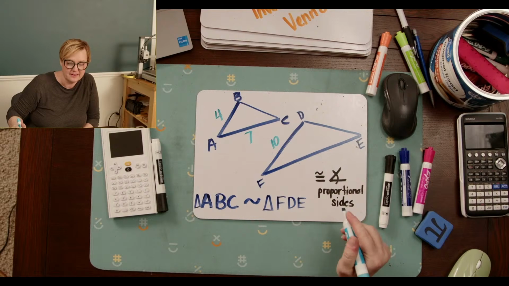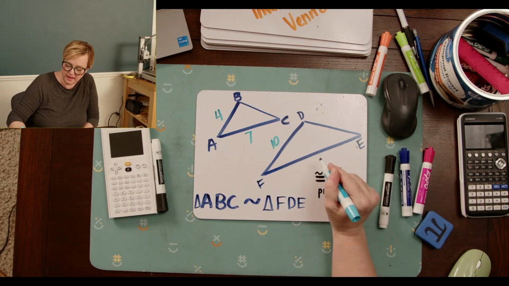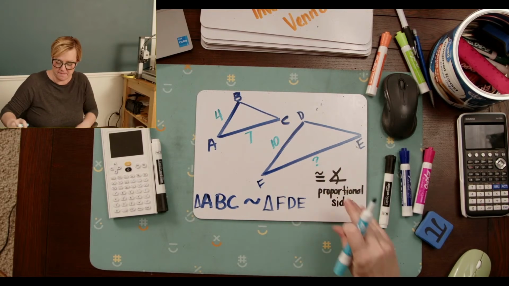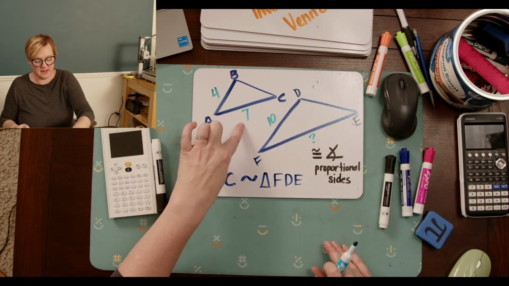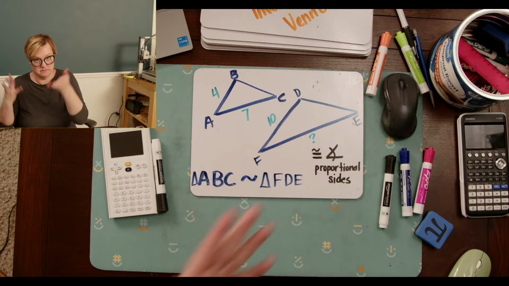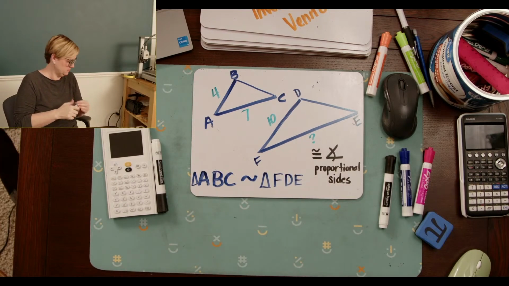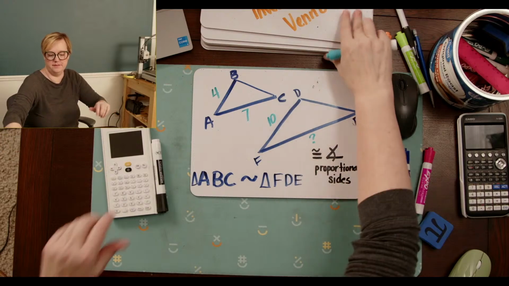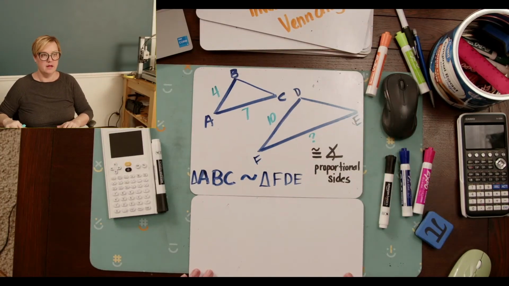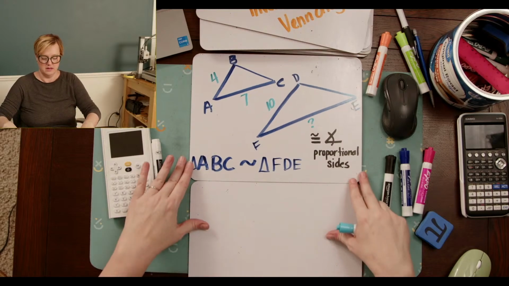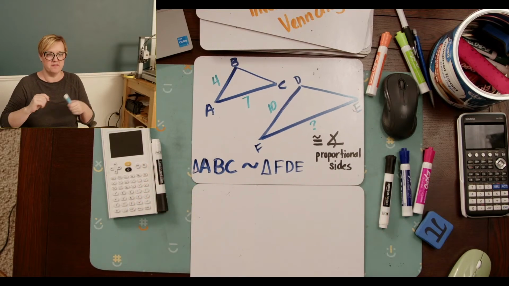Why not? Let's figure out what this side would be. So we've got 4 and 7, 10, and don't know. Oh, we got 17.5.